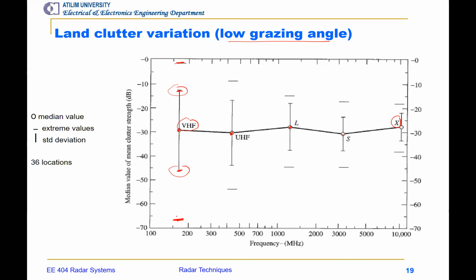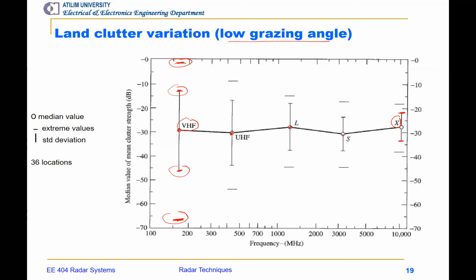In a few measurements, it's found to be less than minus 65, and goes up to some minus 2, for example. When the frequency increases, the variation decreases, as you can see. For X-band, it's quite concentrated around the mean.